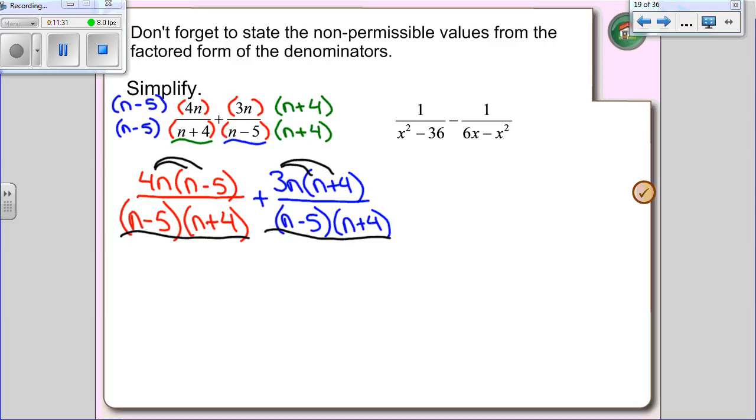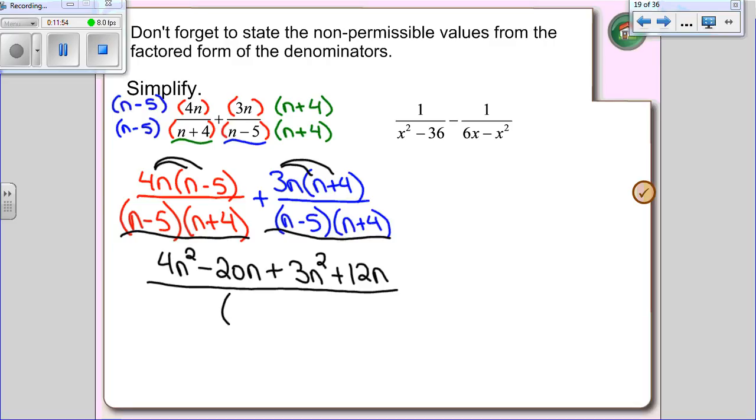So the top, you're going to multiply in, you get 4n squared minus 20n plus 3n squared plus 12. That's your new numerator. Your denominator stays as n minus 5, n plus 4.